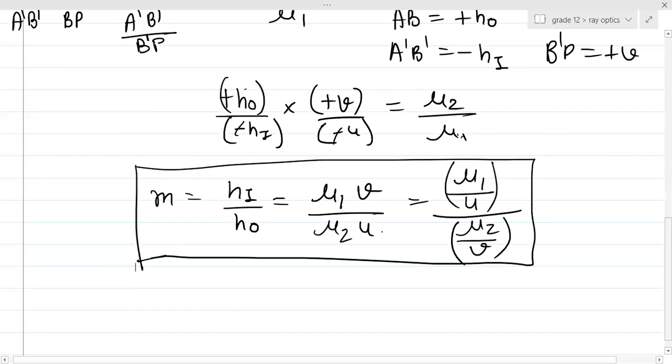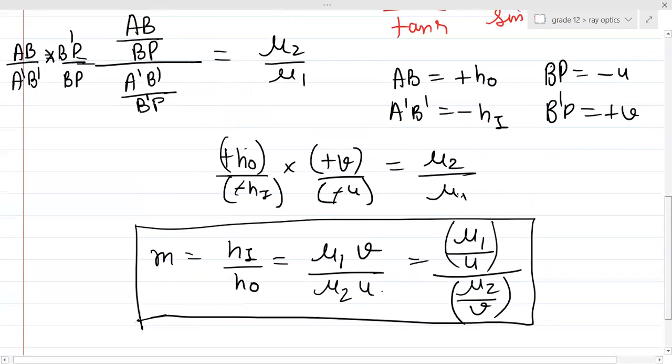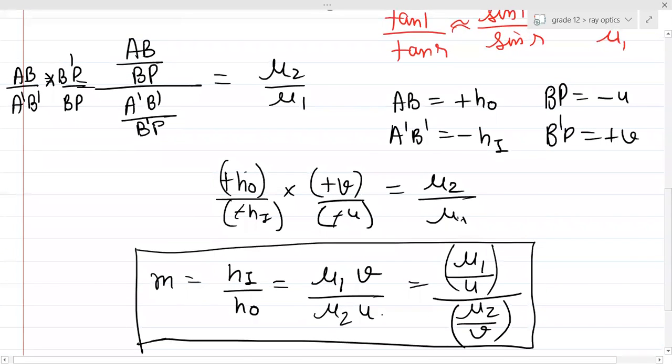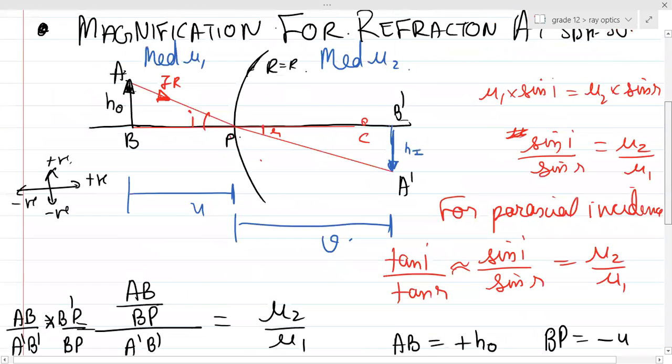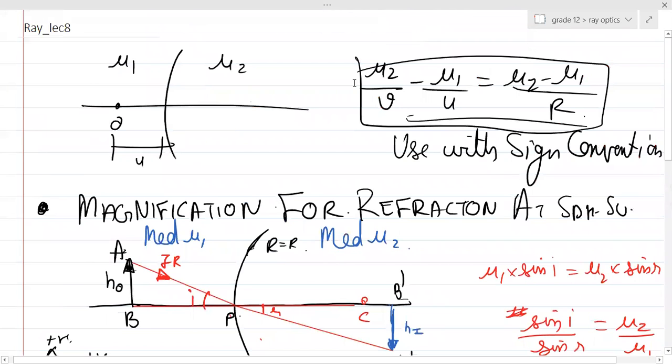Tell me to scroll up or down if you want. Can you see these two terms are similar to the formula mu2 by v and mu1 by u? Mu2 by v and mu1 by u.